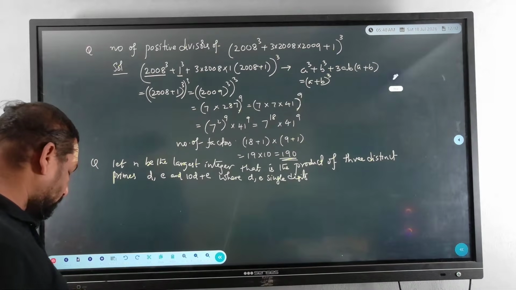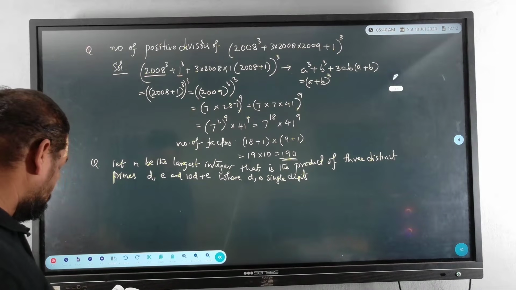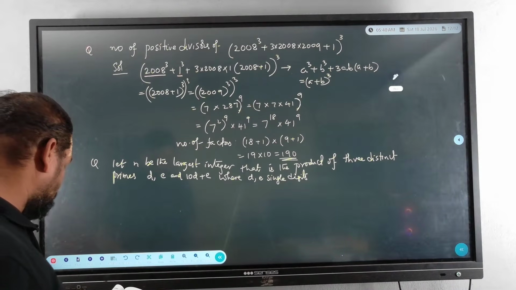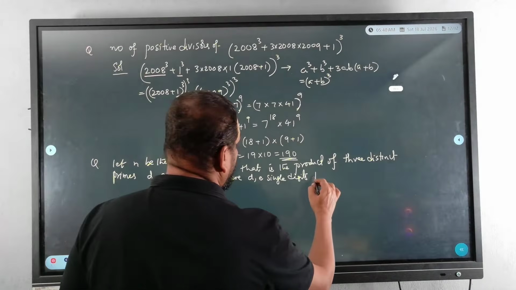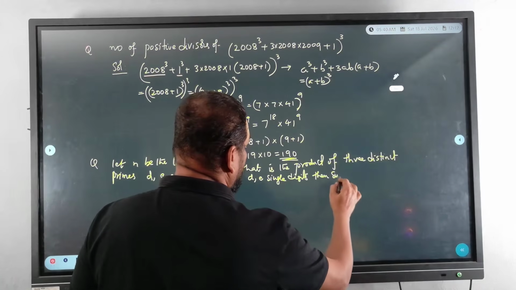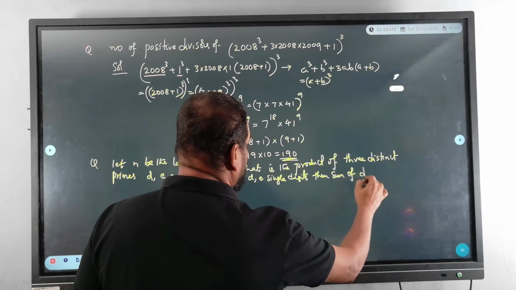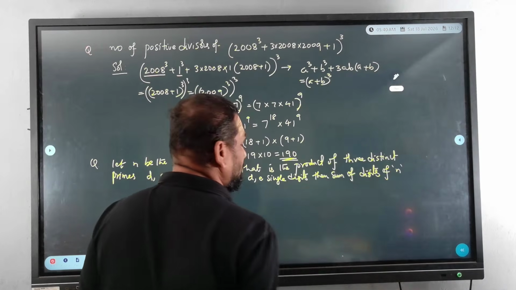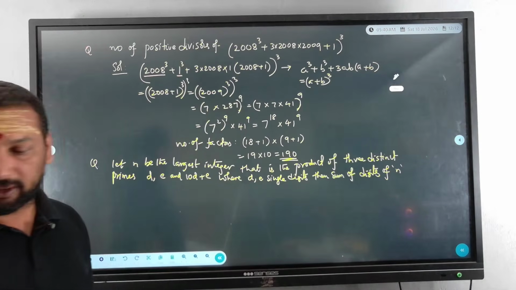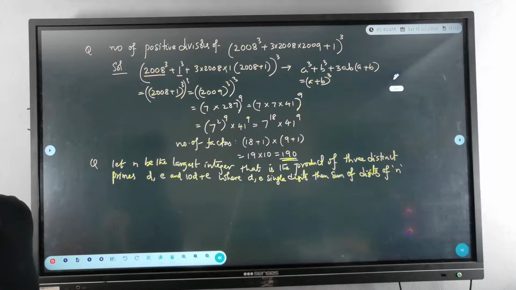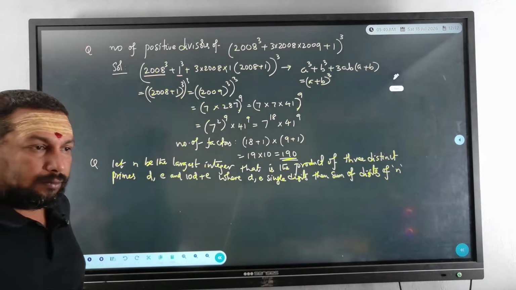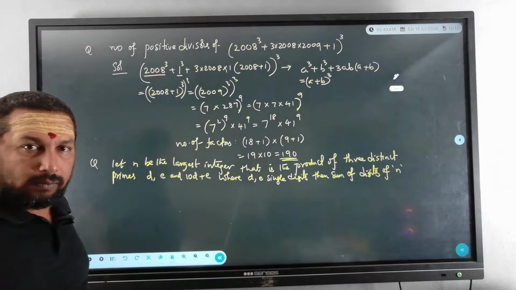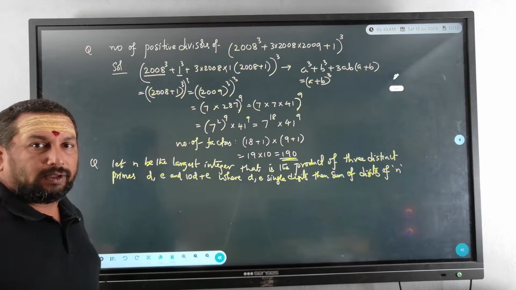Then what is the sum of digits of n? All of you try to solve this question. Sum of digits of n.